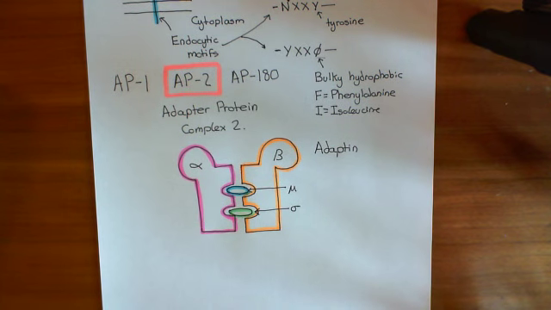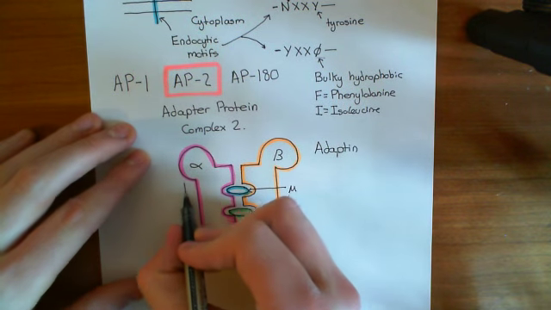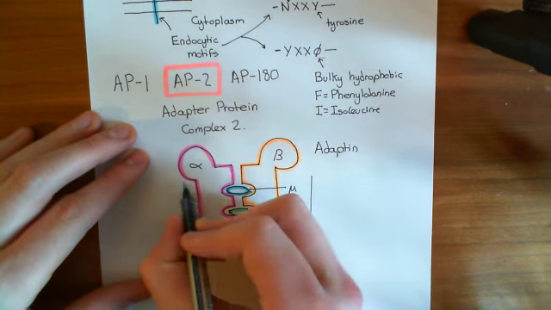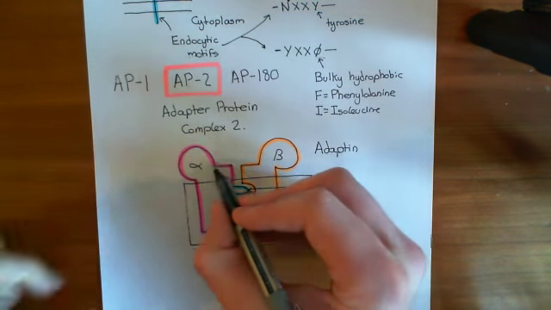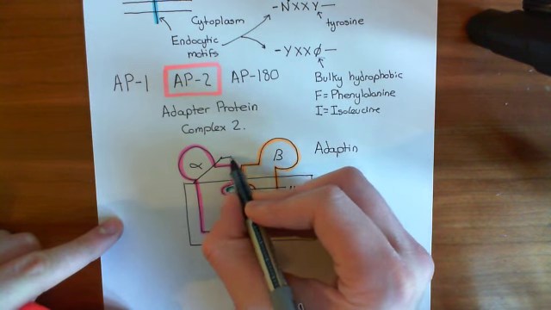Now, some more important things: we can see that there are two distinct portions of this protein. The portion down here, in fact, we need to include all the way up to here as well.